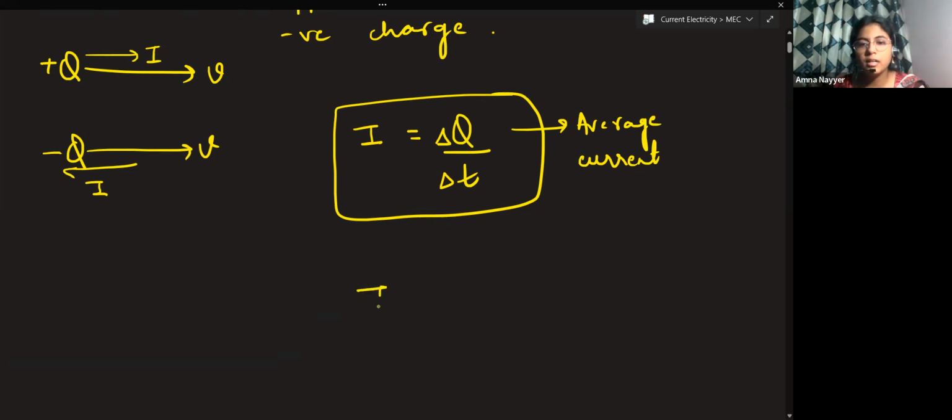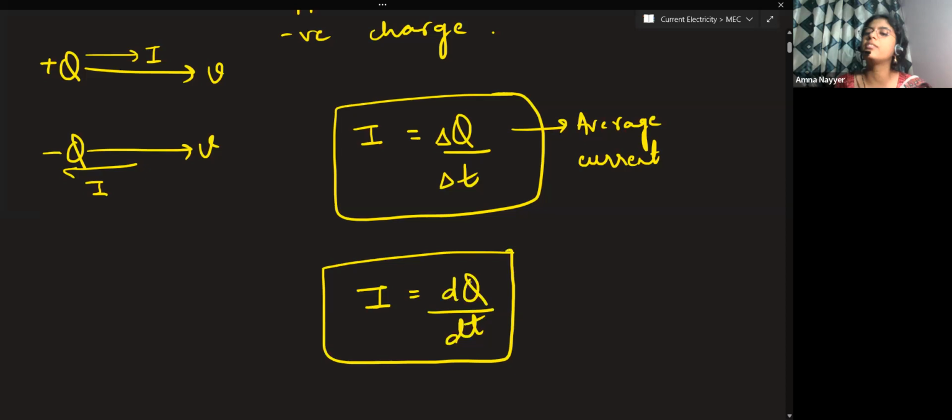So current is dq over dt: whatever charge is given to you, just differentiate it, and you will get the instantaneous current. Also, don't forget that it's a scalar quantity.